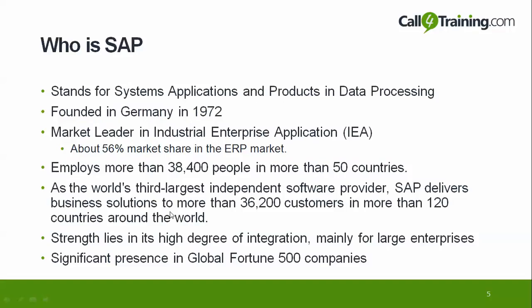Next, before we get into SAP, we need to know what SAP is, or rather, who SAP is. SAP stands for Systems, Applications, and Products in Data Processing, and it was founded in Germany in 1972. You will understand once you start using it that it is more related to enterprises, where you have a big industry. People do not generally use SAP where it is more customer related.